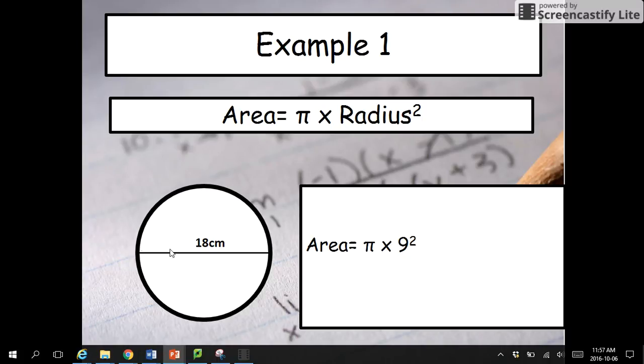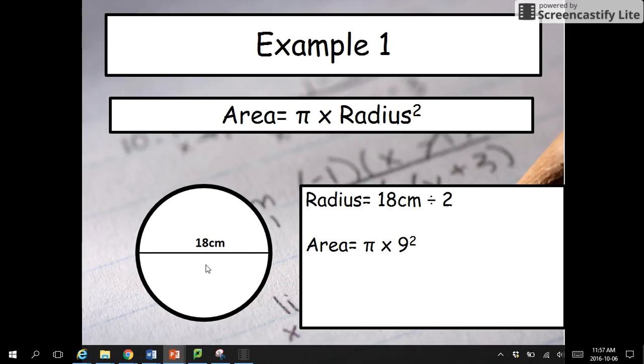So we take that diameter and we chop it in half, because that's what a radius is. A radius is 9 centimeters there and 9 centimeters there. So if I wanted a diameter, it would be 18. But I only want a radius because I know that that is my formula. So I'll go pi times my radius. If it's 18, I just chop it in half. So it becomes 9. So I go pi times 9 squared.